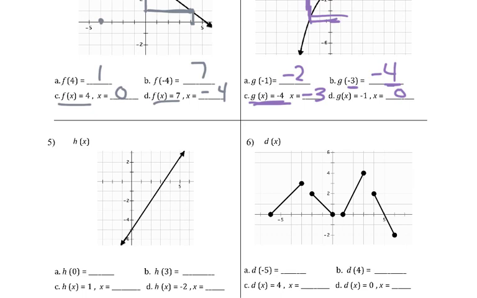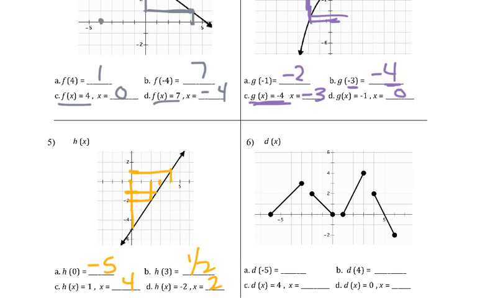Okay, number 5, h of x. H of 0, it's my y-intercept, it crosses at negative 5. H of 3, looks like it goes down, I would guesstimate that's at about a half. H of x equals 1, so my 1, positive 1, not negative 1, hits right there, x equals 4, and then negative 2 hits at positive 2.